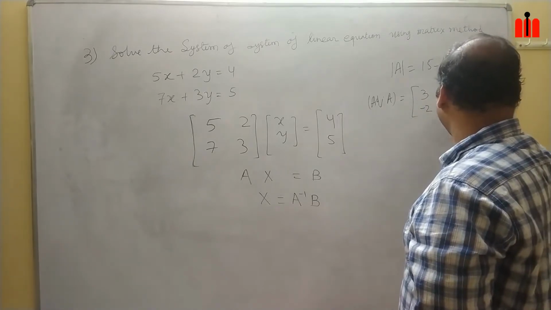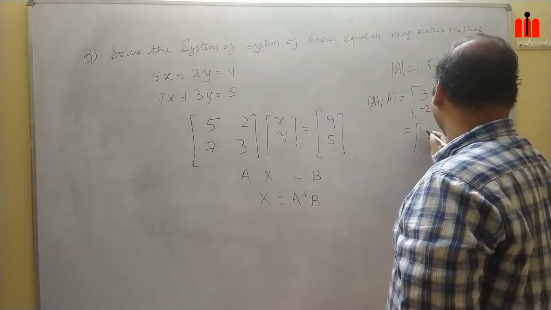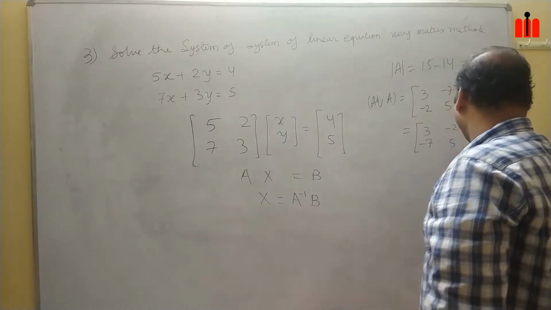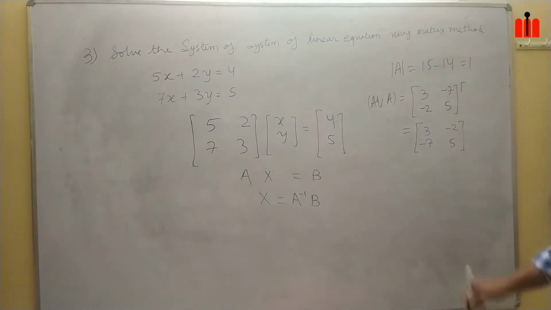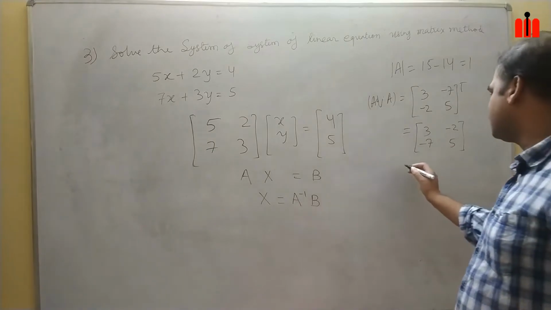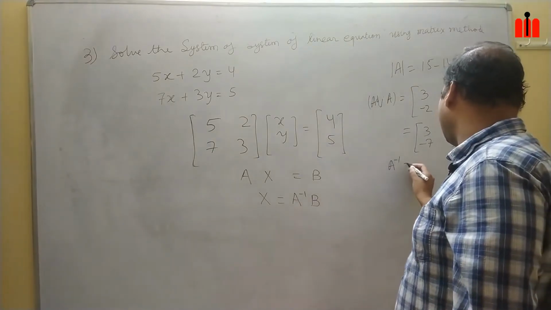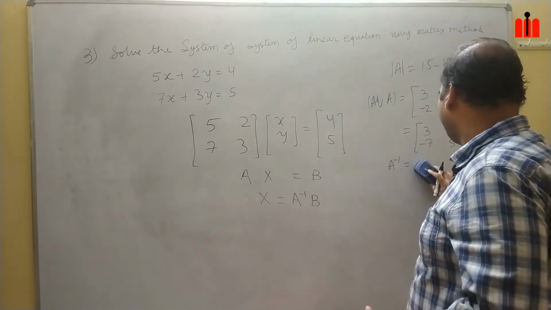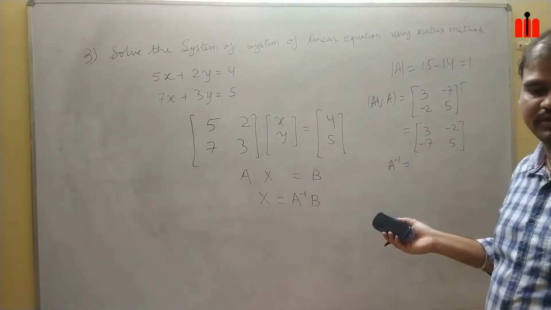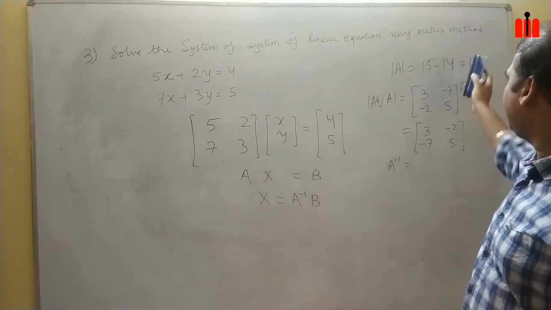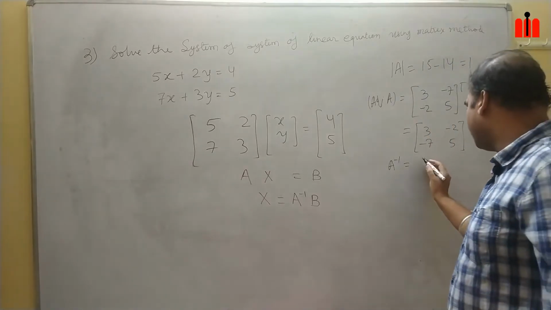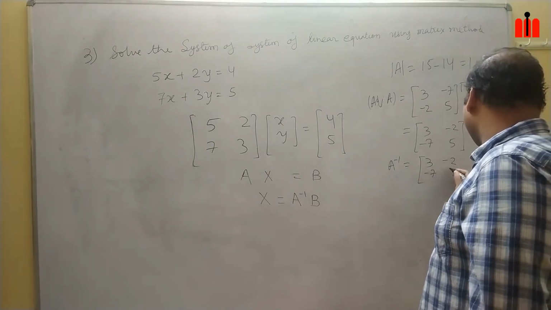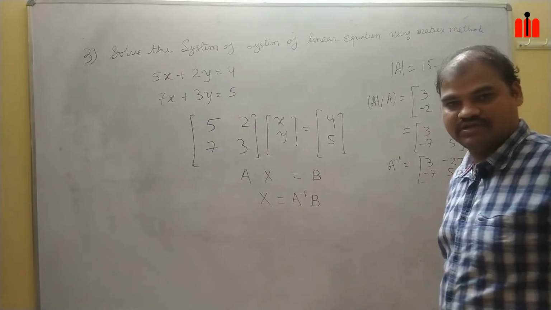You have to transpose it, so it will be 3, minus 7, minus 2, 5. This is the adjoint. A inverse is 1 by determinant A into adjoint A, which we did in the previous workshop session 9. Since 1 by 1, it is 1 into adjoint A: 3, minus 2, minus 7, 5. This is A inverse.